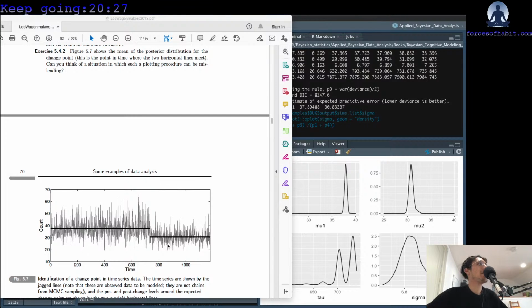So if we suggest that tau is a hard cutoff, it doesn't leave room for there being uncertainty surrounding what the potential or viable taus are. And this is especially important when there's a lot of uncertainty around the location of where this time point, this change point, could be.